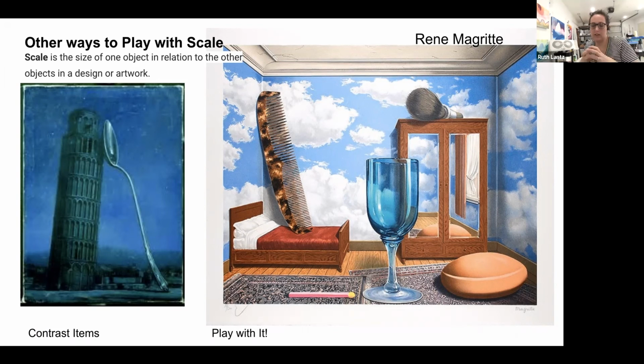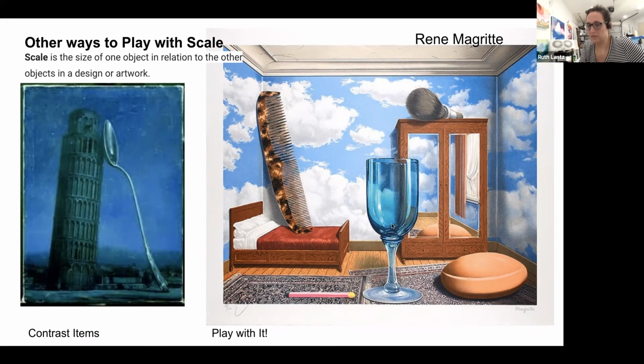Proportion is, if I was to talk about only this glass, and I was talking about the proportion of the top of the glass to the bottom of the glass. So if, say, the top of the glass was huge, and the bottom of the glass was teeny tiny, then that glass would be out of proportion.